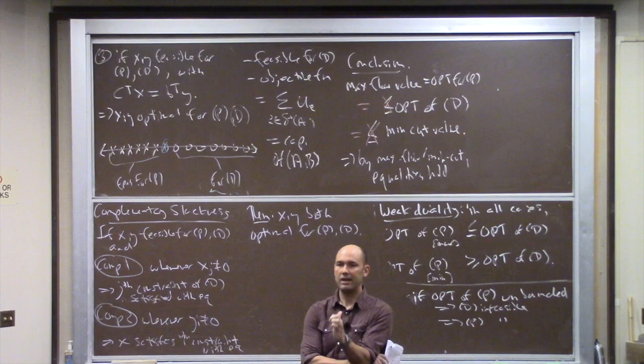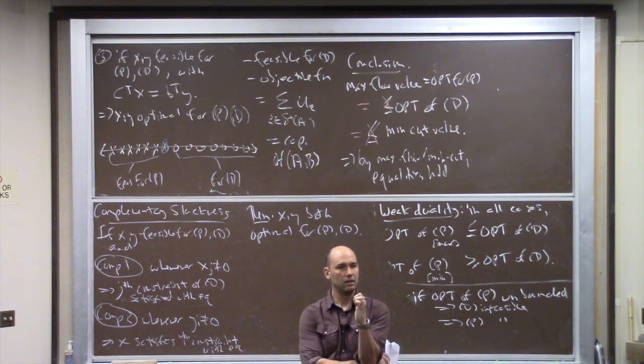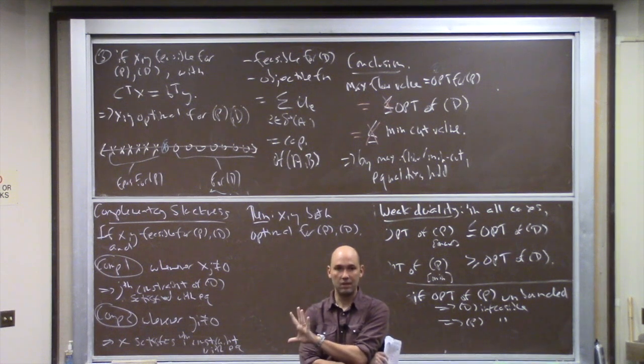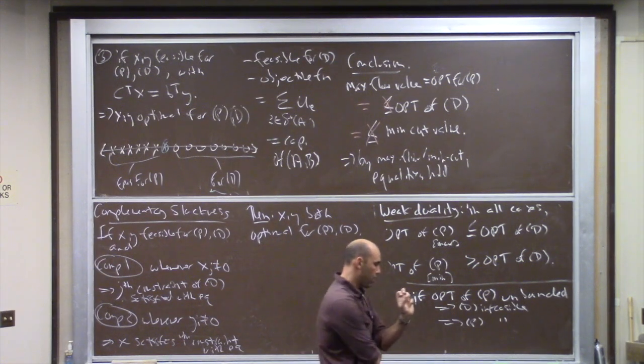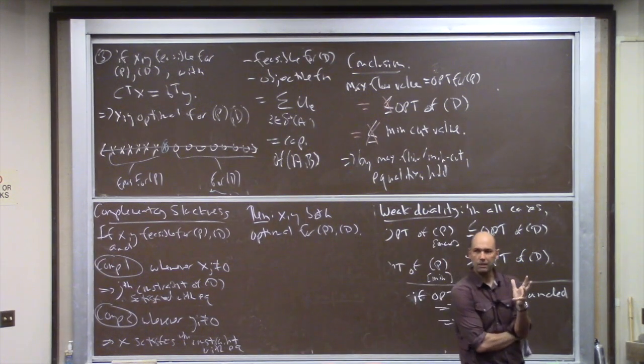And every edge going backward across the cut is 0. Those are the complementary slackness conditions. Just take it on faith for now. Whenever you have something crossing the cut forward, it should be fully saturated. And everything should be 0 backward. If you can find a flow and a cut that have those properties, then they're both going to be optimal.